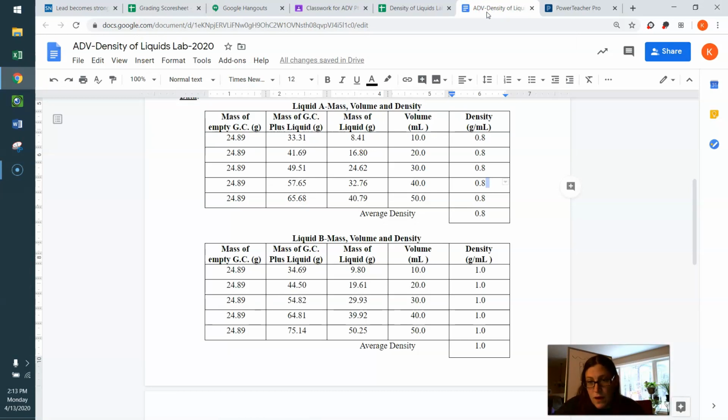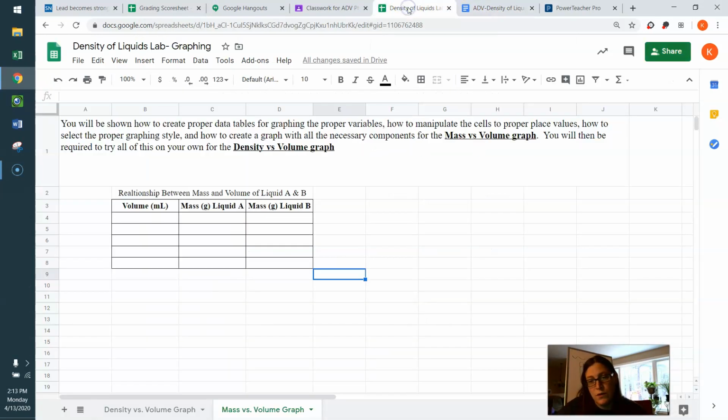Okay, so from your Google Doc, we're going to look at the spreadsheet that I shared with you. Your mass versus volume graph is the first or one of the 2 tabs at the bottom of the screen. This is the one we're going to be working with.